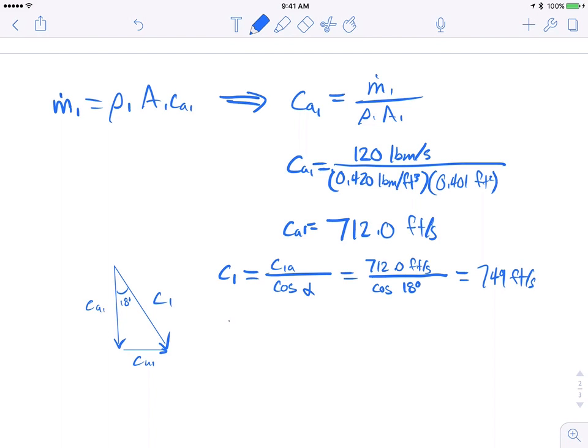We can calculate the tangential component of that by taking C1 times the sine of alpha, which is 749 feet per second times the sine of 18 degrees. So our tangential component is going to be 231 feet per second. Now at least our absolute flow velocity is fully defined.